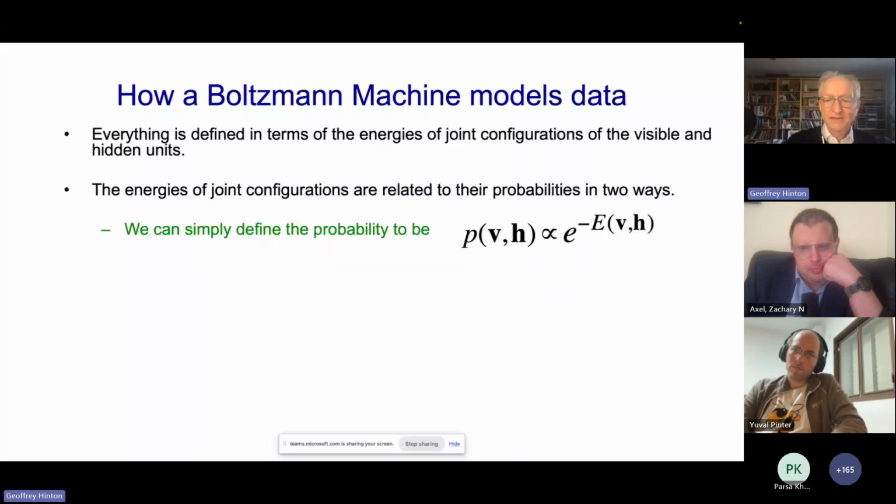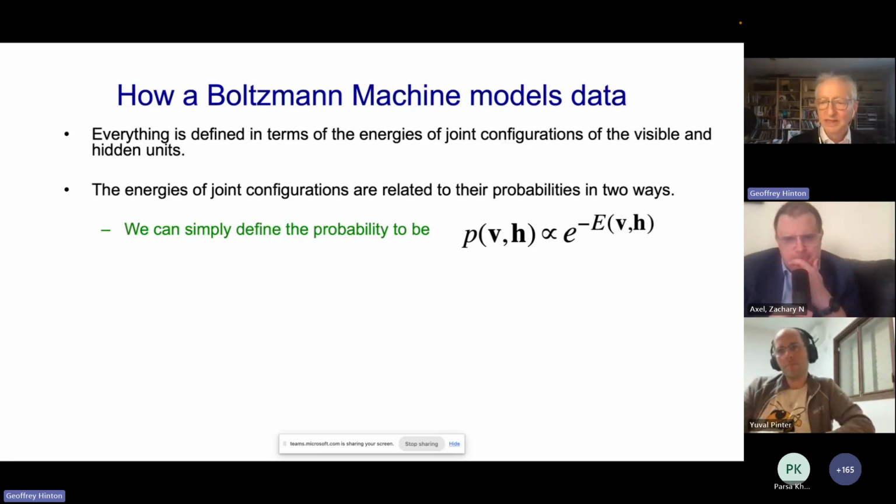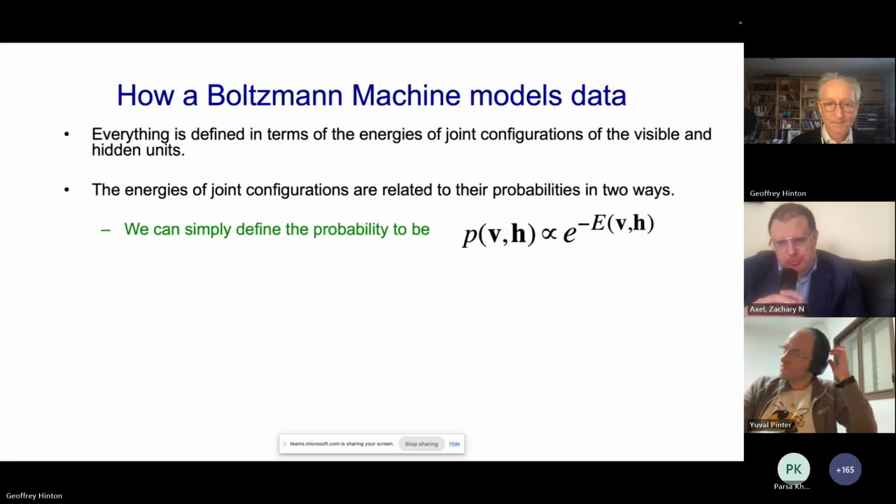If I have a joint configuration that has a binary vector v on the visible units and a binary vector h on the hidden units, that configuration will have an energy, which is just a number. The probability of finding the system in that configuration at thermal equilibrium is proportional to e to the minus that energy. That's called the Boltzmann distribution, when the probabilities are proportional to e to the minus the energy.